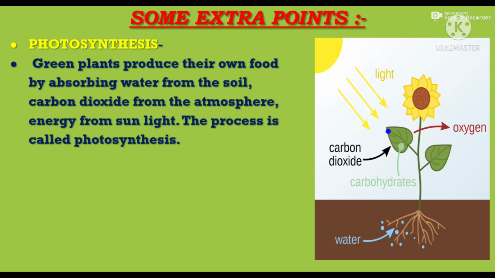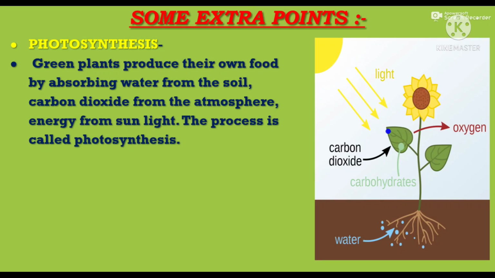For photosynthesis, to produce their food, what do they need? They need water, so they absorb water from the soil by their roots. They also need carbon dioxide, which is a gas. They absorb carbon dioxide from the surrounding air by their leaves, and they also trap solar energy from sunlight.